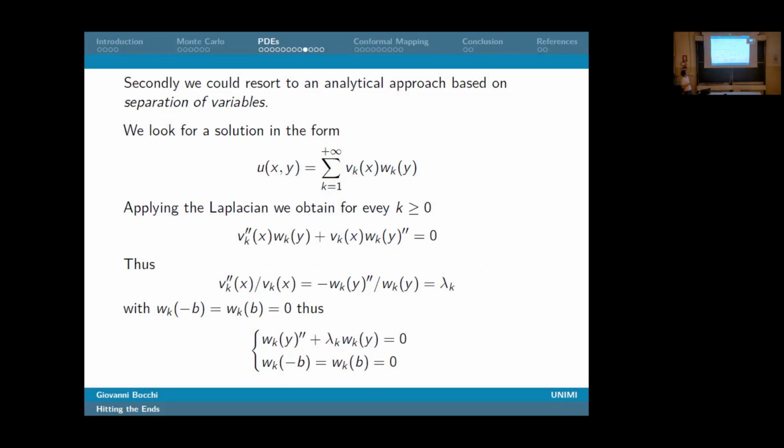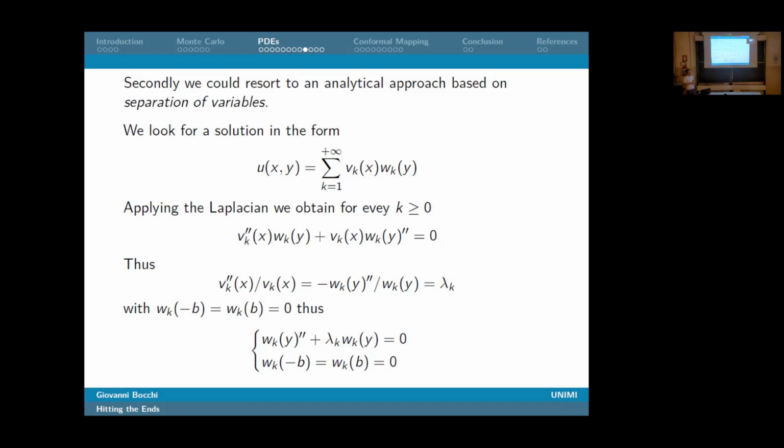We then apply the Laplace operator, and we obtain that for every k, the 2 functions v and w should follow this other equation. In the end, we obtain that these 2 ratios, the first one depending only on x, the second one only on y, should be equal for every k, and so they should be equal to a constant depending neither on x nor on y, that, restricting to the case of w, leads to this boundary problem for w.